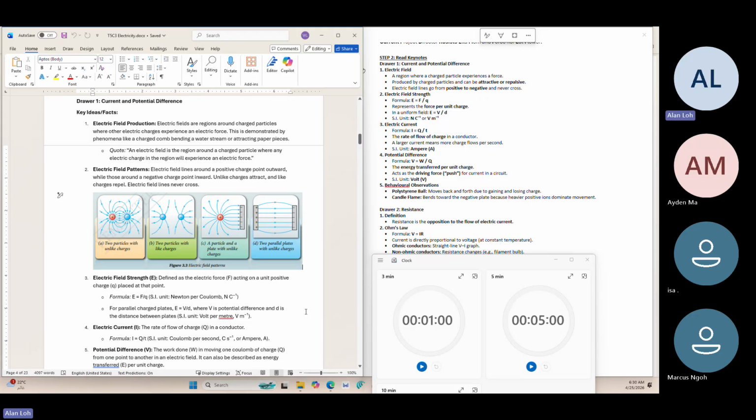You already understood that there is something related to the field, something related to the pattern, and something related to repulsion and attraction, depending on what charges the particles are, positive or negative. Positive and positive repel, negative and negative repel, positive and negative attract, like girl and boy attract, for example.